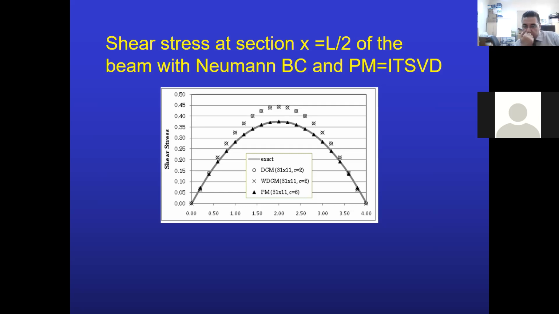So this is the shear stress on the midsection of this Timoshenko beam. And again, the solid line is the exact solution. Then we have some of the better results with the triangles, which are the extended precision.